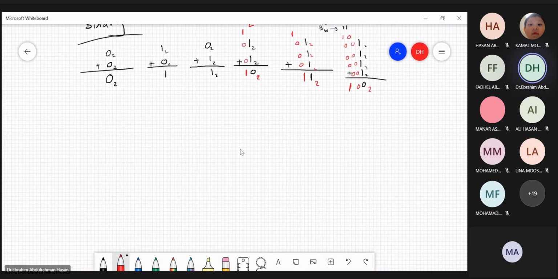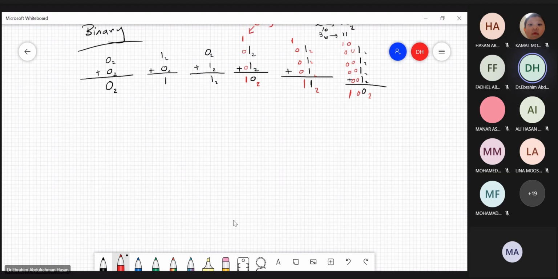So then let me take some example here. Okay, before we start with the example, let me see also subtraction. What about 0 minus 0? 0.